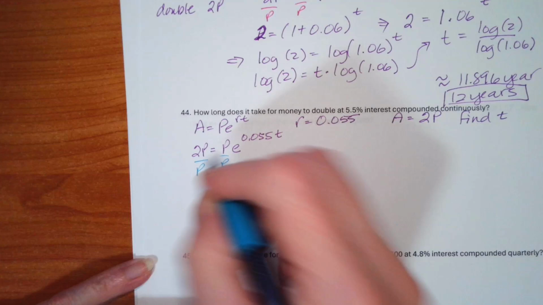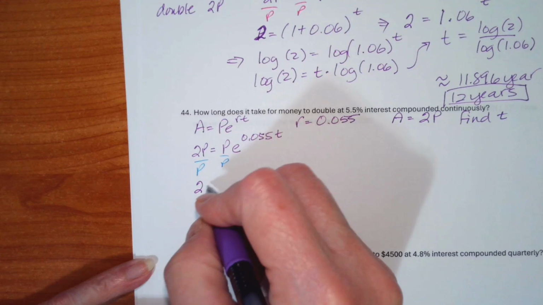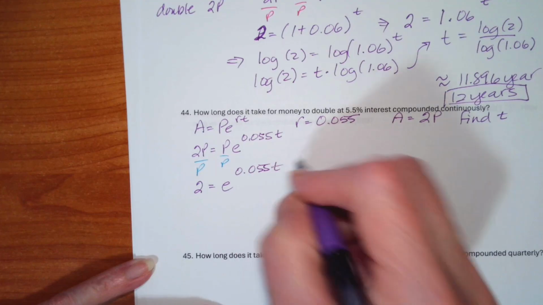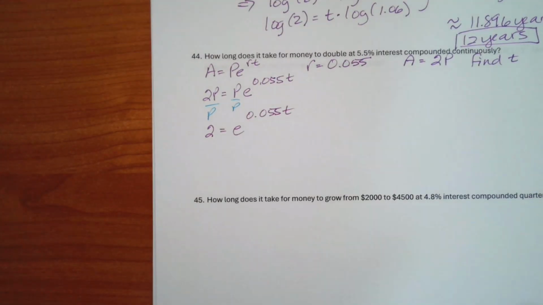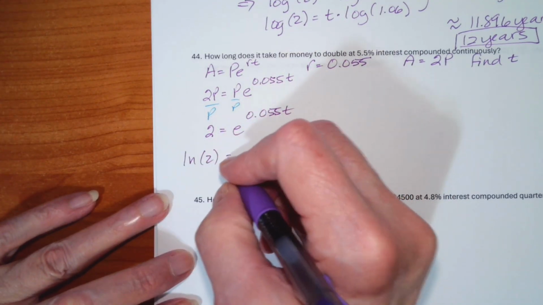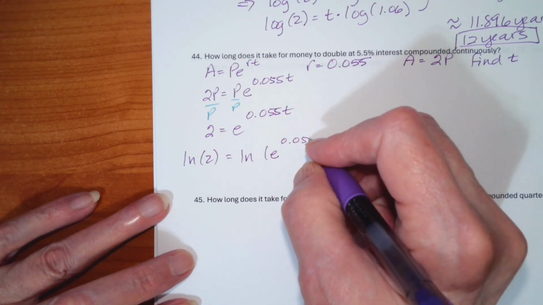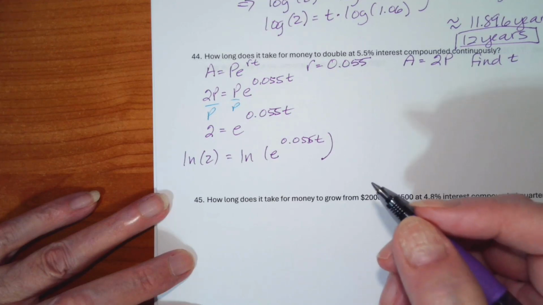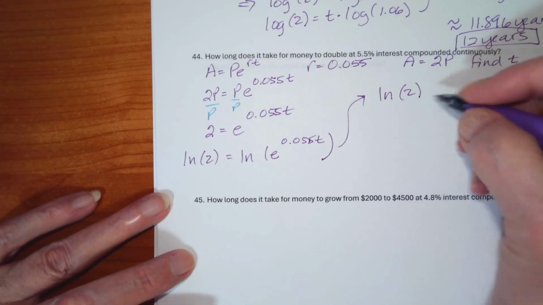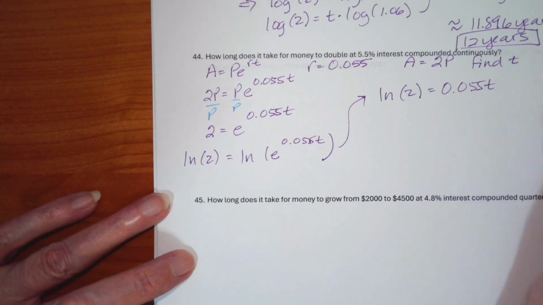Divide by P, so that gives me 2 is equal to e to the 0.055T. I'll take the natural log of both sides, and that tells me that the natural log of 2 is equal to 0.055T.